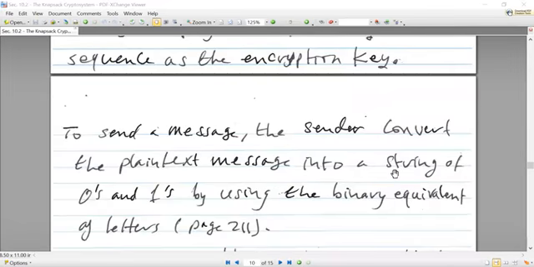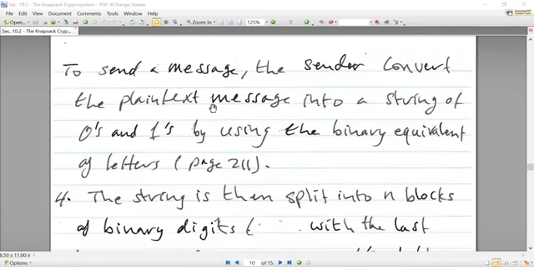The way it is done is, first we convert the plain text message into a string of zeros and ones. We use the binary representation of the letters as given in the textbook on page 211.